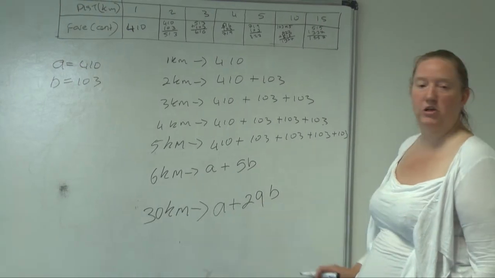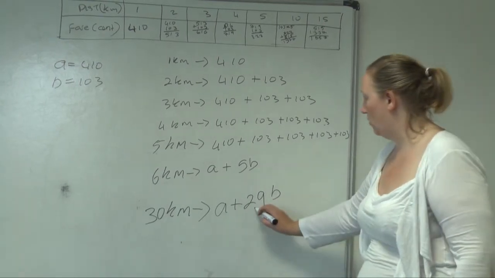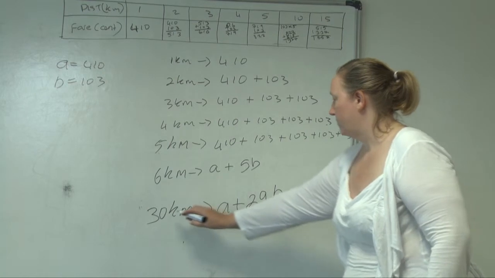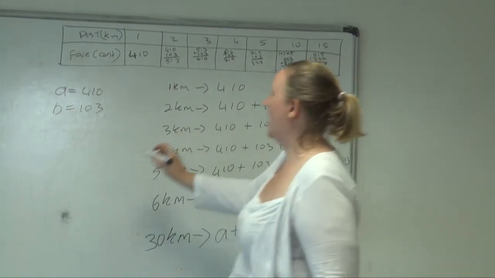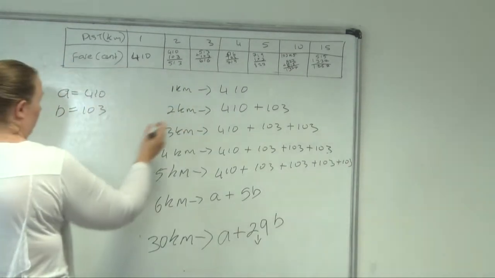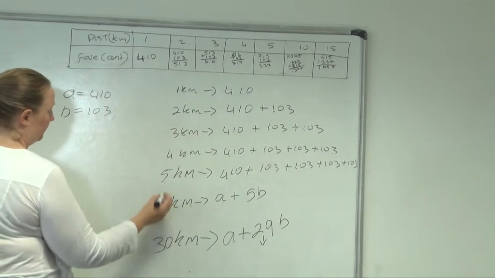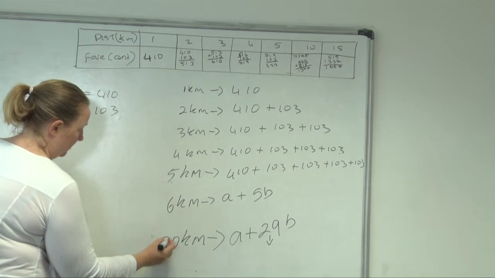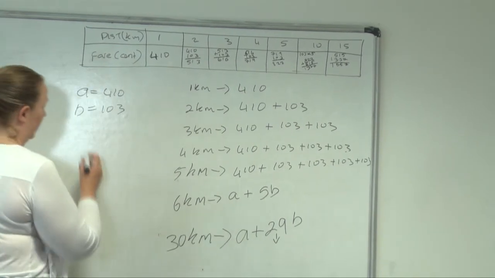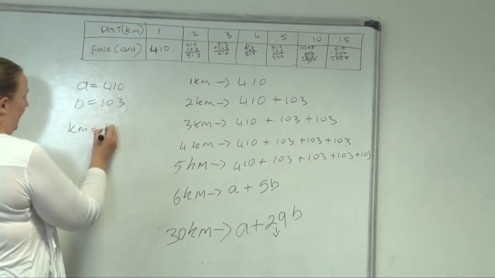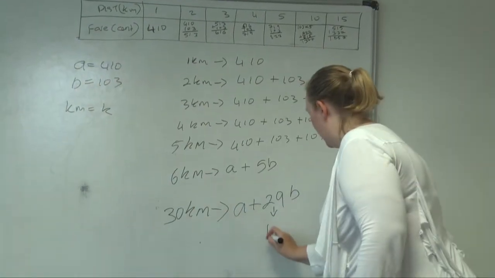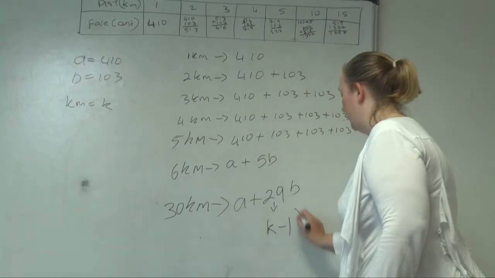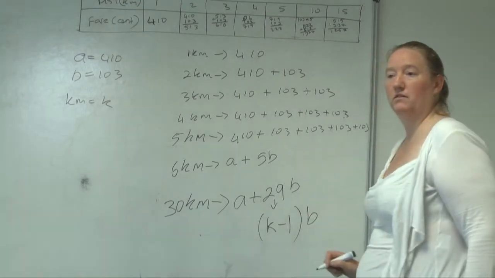Okay? So instead of a number in front of the B, let's say we call the kilometres K. So it will be k, whatever that number is, k minus 1 times b.